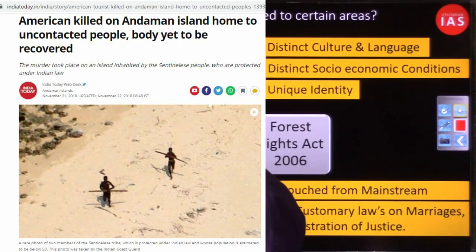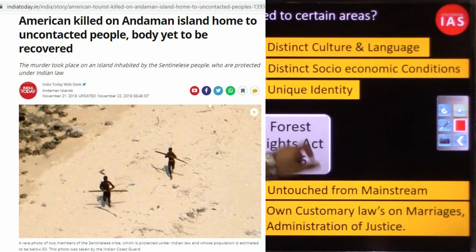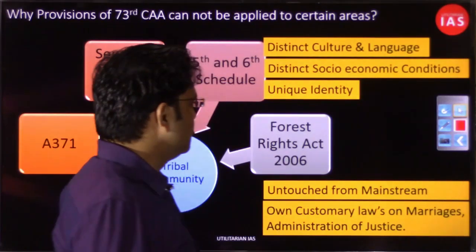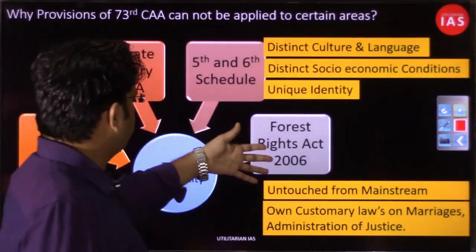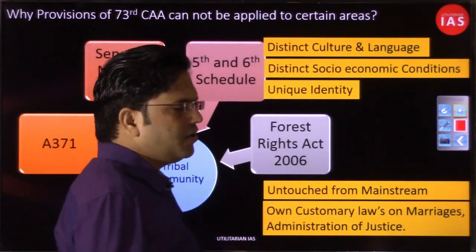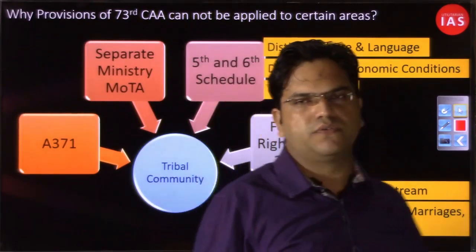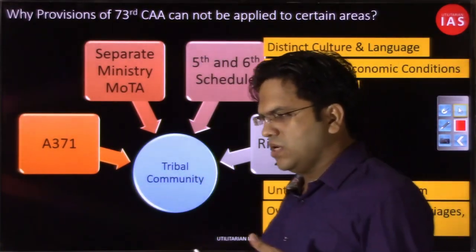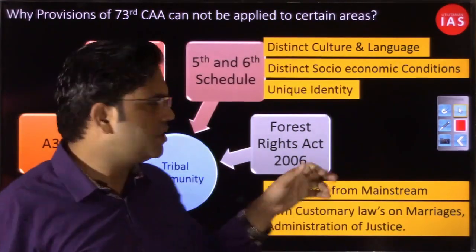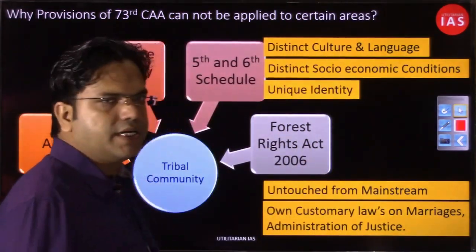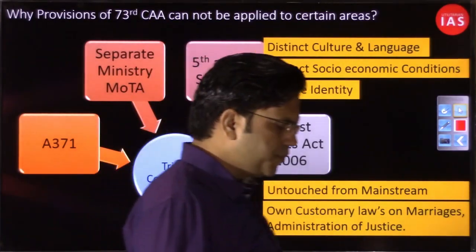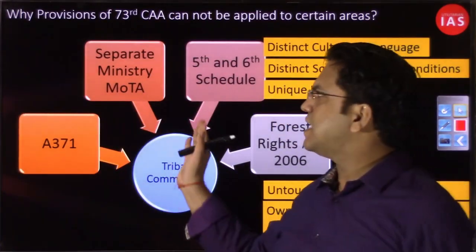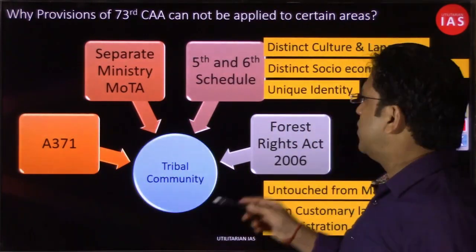Then the provisions of the Forest Rights Act, you would already have studied in economics, and in environment as well. If you have not read this particular act, go and read it, to see what kind of protection and what kind of land ceiling provision it has. So I hope you now have clarity on why PESA had been passed.